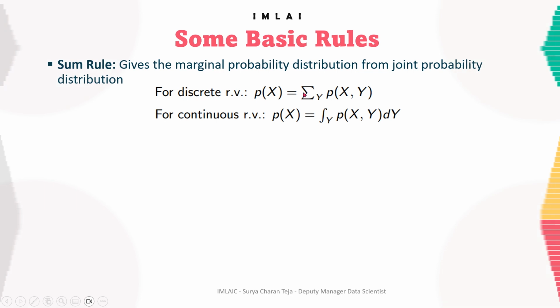This equation means for discrete, the probability of random variable X is the sum of the joint probabilities of random variable X and random variable Y over all possible values of y.